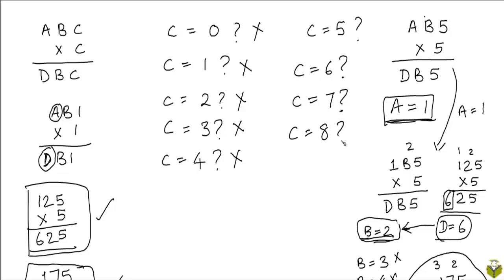Similarly, C cannot be 8 because 8 times 8 would be 64. So this C would be equal to 4. And we cannot have C being equal to 8 in two places and being equal to 4 in a third place. So C cannot be an 8. Can C be a 9?